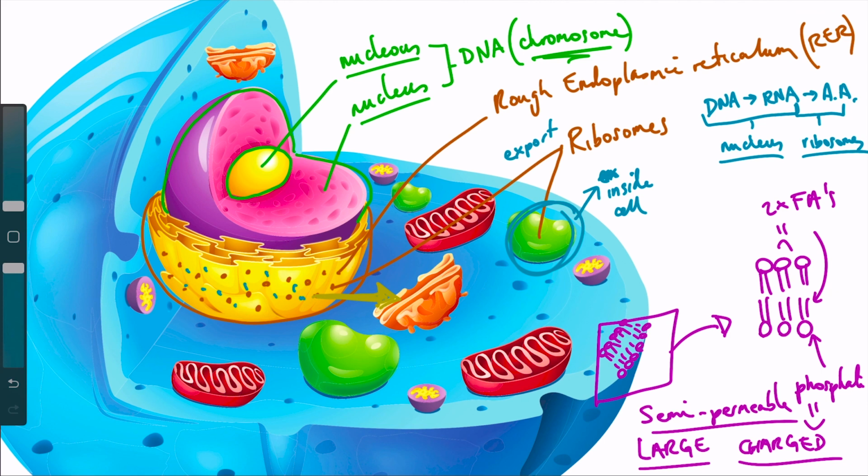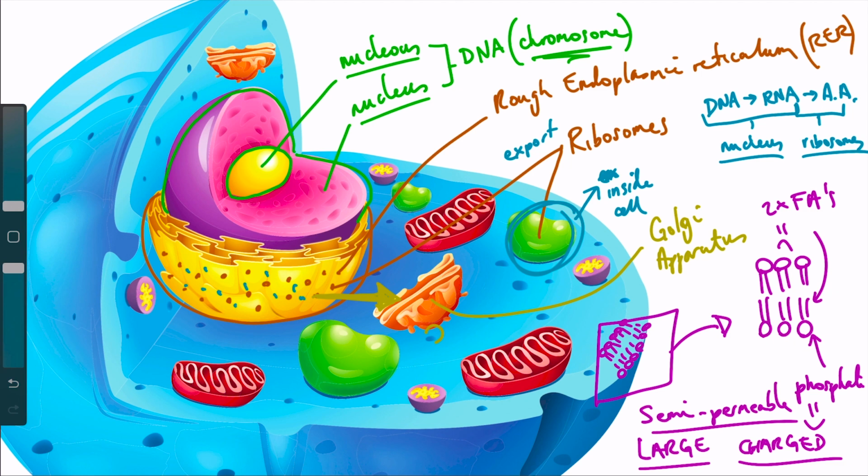Now, this structure here is called the Golgi apparatus. And what the Golgi apparatus does is it packages up the proteins that the rough ER has just made, slaps a stamp and sticker on it to say where it needs to go, and it starts to export it.